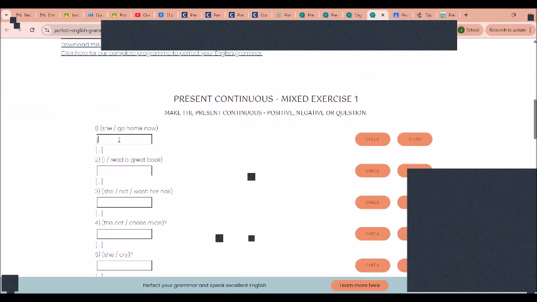She is going home now. Excellent. She's going home now. All right, let's continue with... I have a nice long list here.